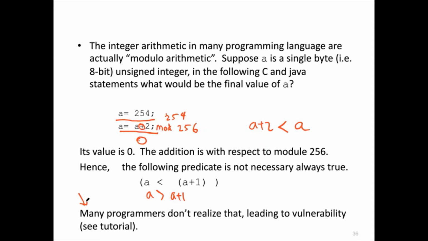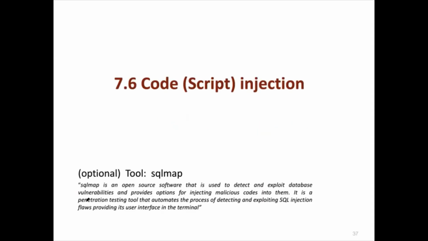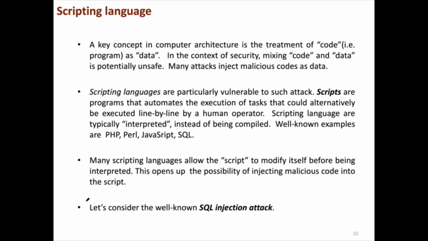Code injections. A key concept in computer architecture is that a program can be data, and data can also be programs. This is very convenient, but it's also very confusing at some point, and many attacks inject malicious code as data.